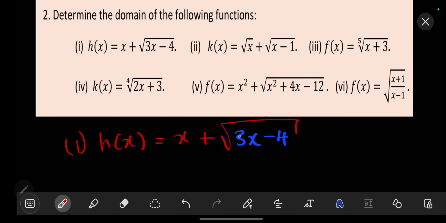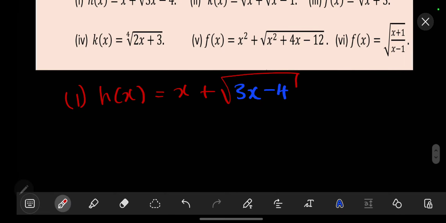Before we look at that one, you have the domain of the square root of x. Let's say we have our h of x is just equal to the square root of x. Now there are some x values that you cannot use for this equation.